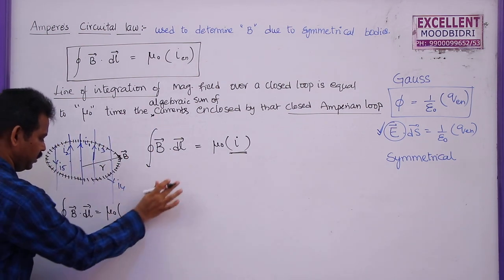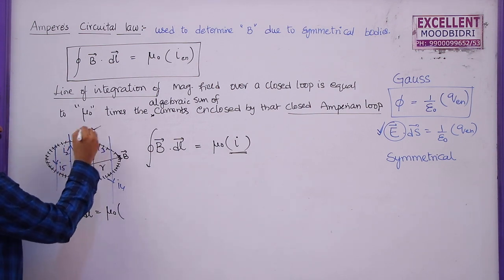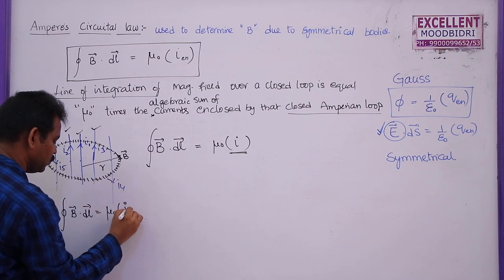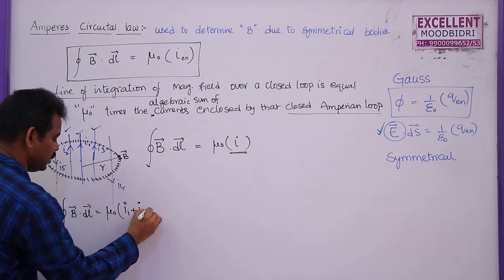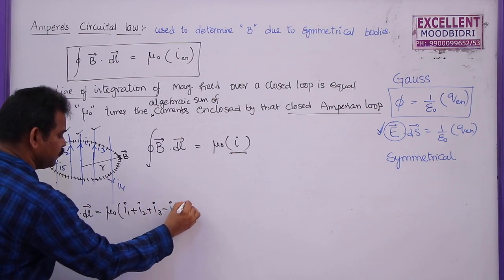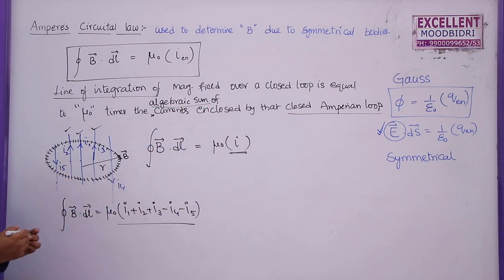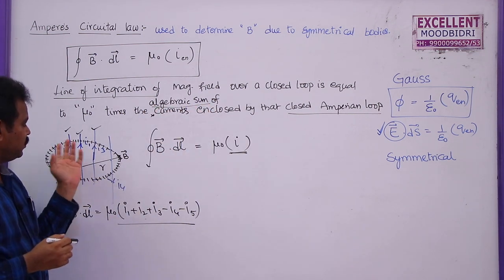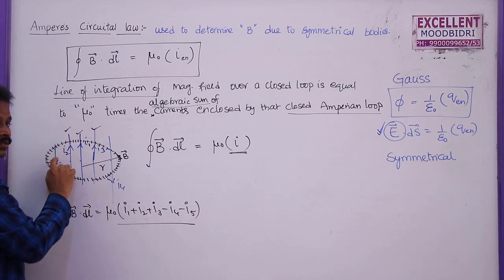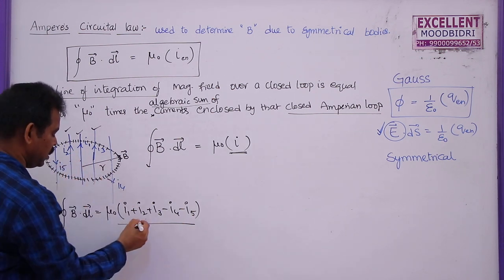So here we can write mu naught into, if you take these as positive, these will become negative: I1 plus I2 plus I3 minus I4 minus I5. We have to take the algebraic sum, that means based on the direction of the current, you consider some currents in the positive direction, and the currents flowing in the opposite direction should be taken as negative. So this is the algebraic sum.